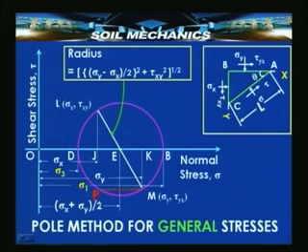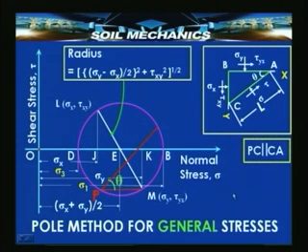The property of the pole is any line that you draw through the point P, the pole, will have a corresponding point of intersection on the Mohr circle, and that point of intersection will have coordinates representing stresses which will be acting on the plane passing through the point P. So, for example, in order to know the stress on the plane AC, from the pole draw a line which represents the plane CA, that is, draw PC parallel to CA.